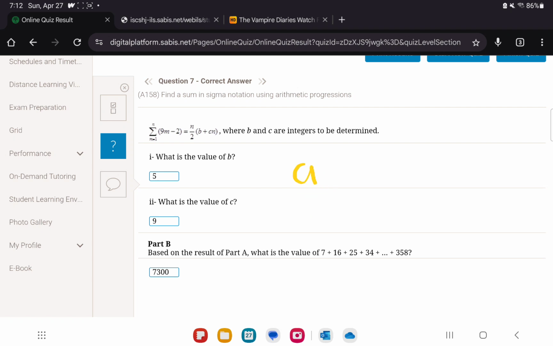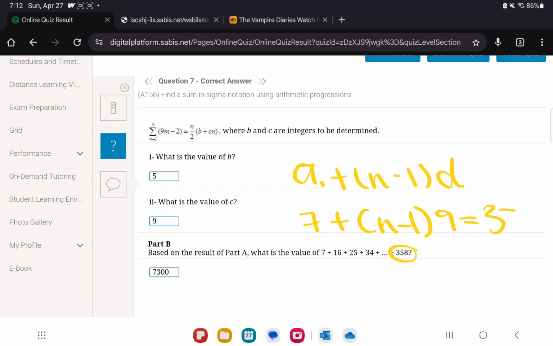So A1 plus N minus 1 times D, okay? A1 is 7 plus N minus 1, we don't know what N is, and then D is, we said 9, and that all equals 358, okay? So at the end you get N is equal to 40.